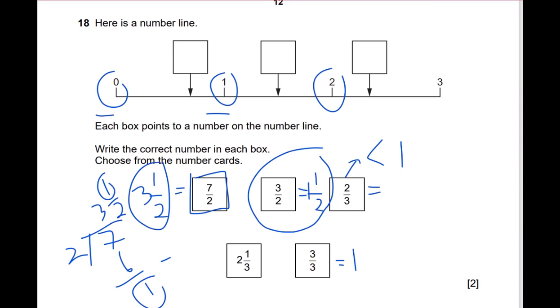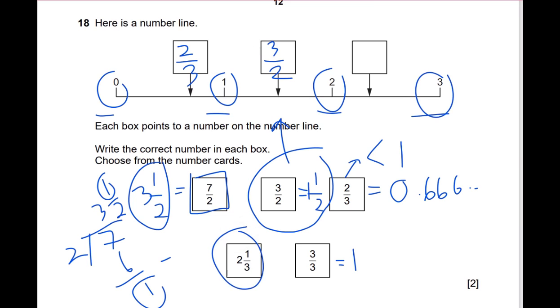This is equal to 0.66666 something. So we have to put 2 over 3 here. And between 1 and 2 is 1 and a half, so 3 over 2. Between 2 and 3 is this one, 2 and 1/3. Right, that's the answer.